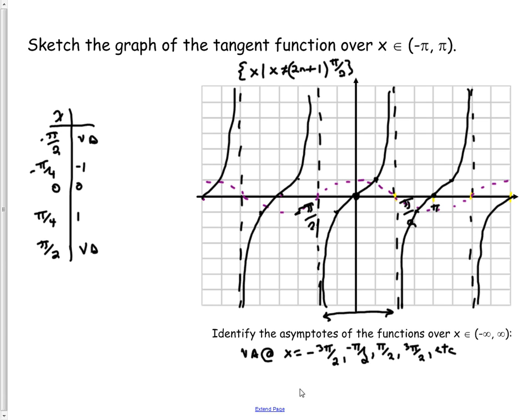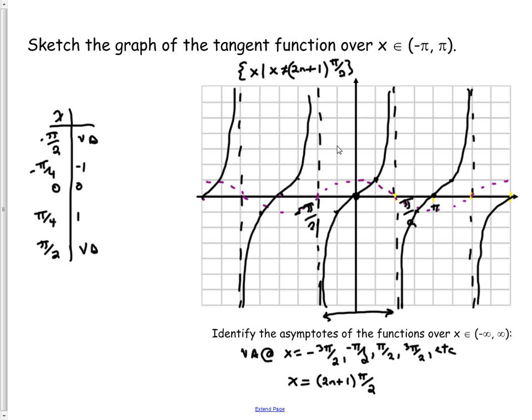So, like we did with our domain, we could say the vertical asymptotes will occur at any odd multiple, a 2n plus 1 multiple, of pi over 2.